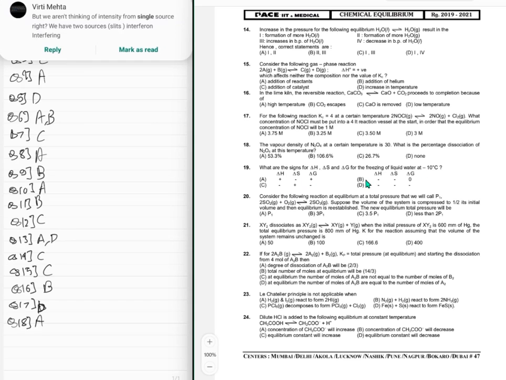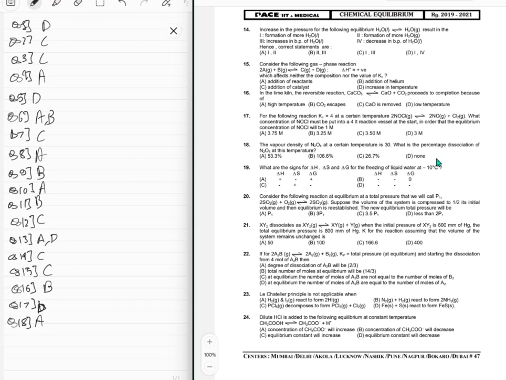Wait, what? Delta G being positive doesn't make sense. Freezing of liquid water, right? It should be negative. Delta H must be positive because it's endothermic... Oh, no, wait.